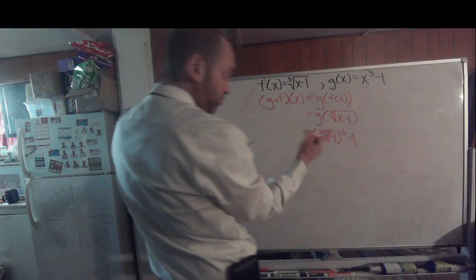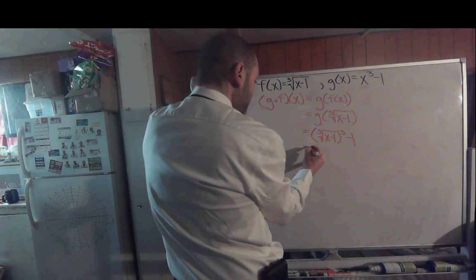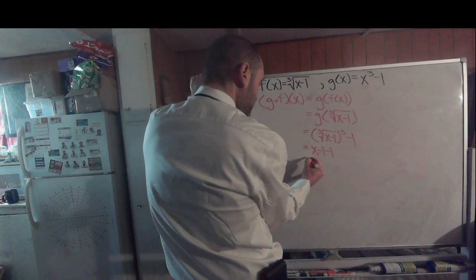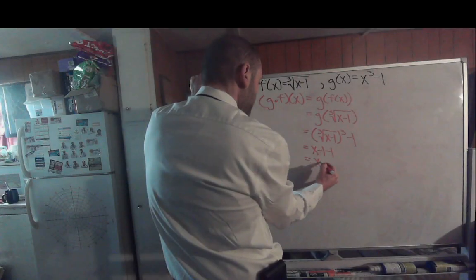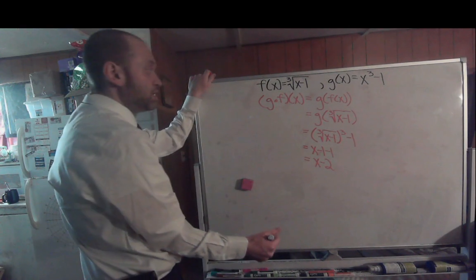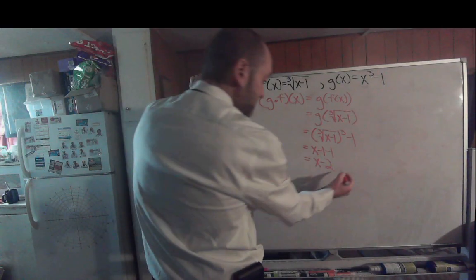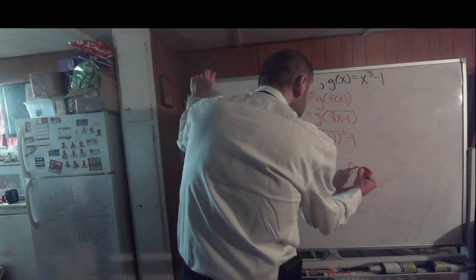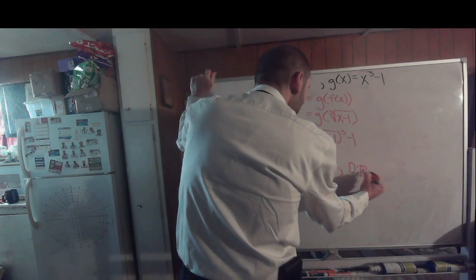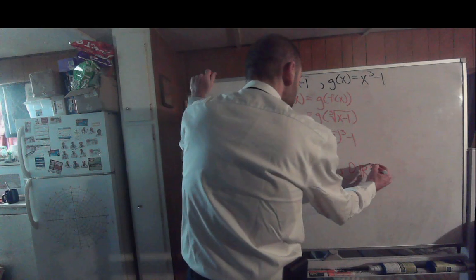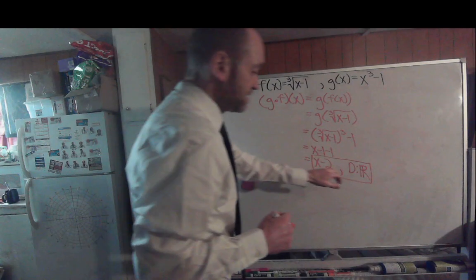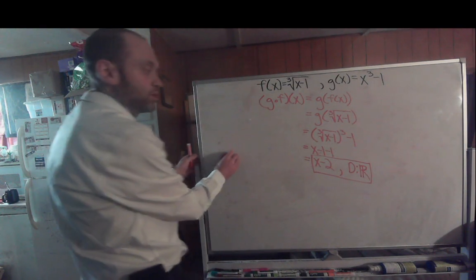Well, the cube root raised to the third is going to cancel out that cube root. You'll just get x minus 1, minus 1, which would give you x minus 2. So g of f of x just equals x minus 2, and since it's a polynomial, your domain is automatically the set of all real numbers.